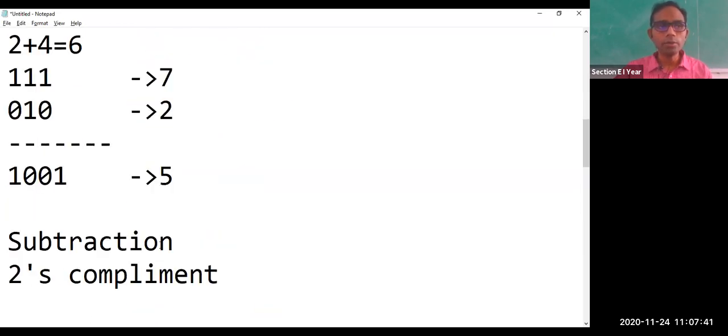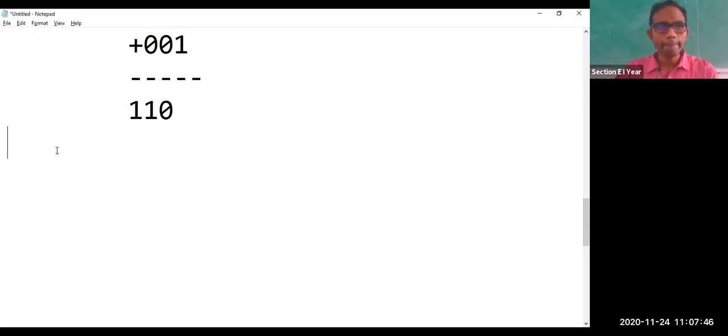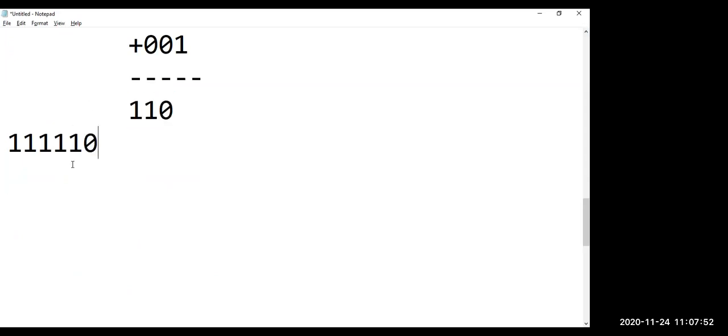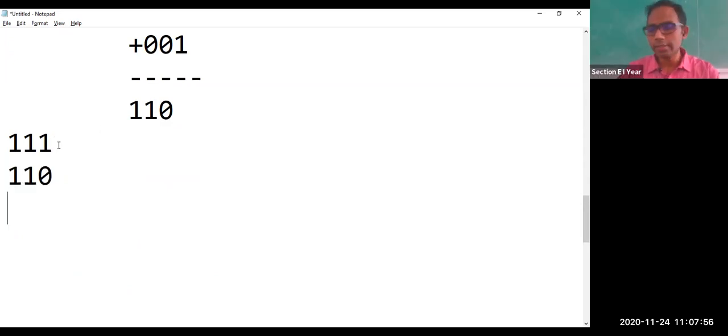Now what you need to do? We are going to take 7, then take 110, to the addition part. What is the result? Try the addition part.